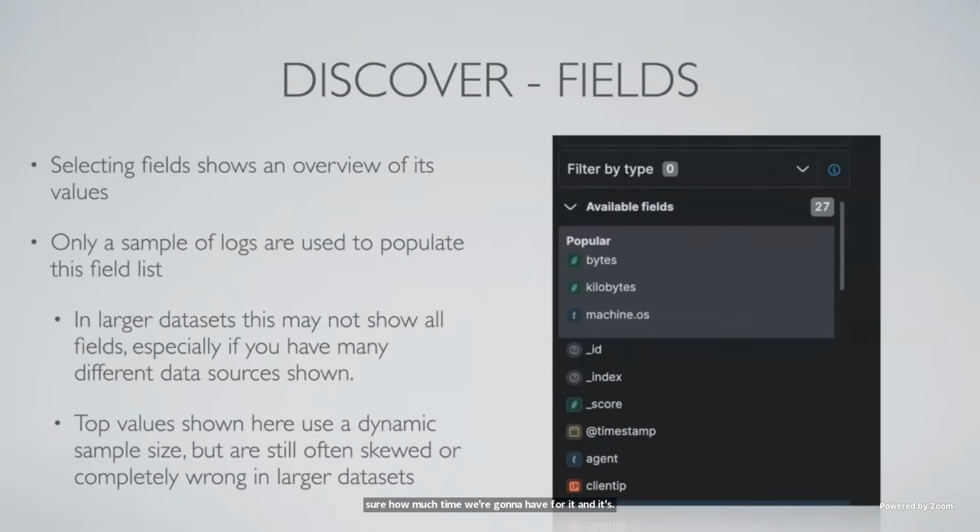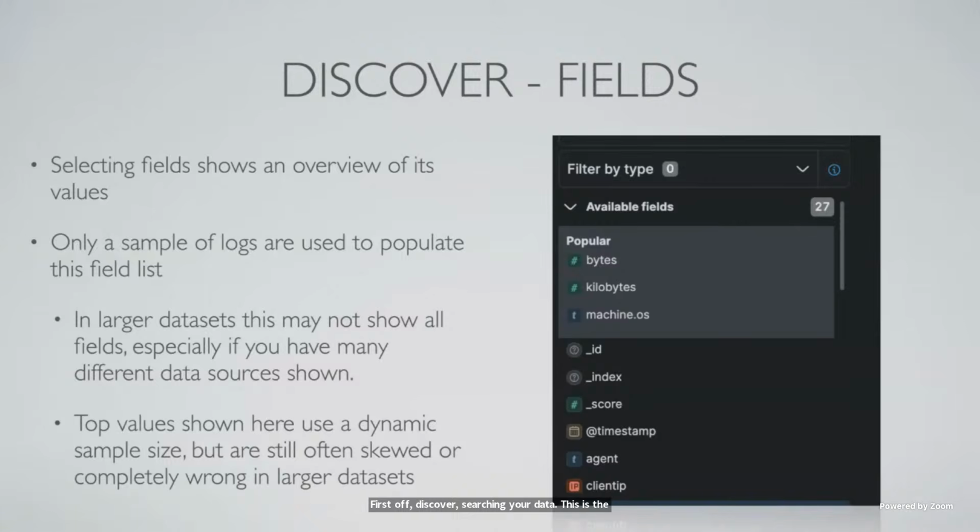So starting off with this fields menu, there's one really important tidbit that everyone should know and a lot of people forget. This shows an overview of the field's values if you click on one of these fields, and we'll show this in the demo, but it uses a sample of the logs that you're showing in Discover, right? So you might have a search that returns millions of results, and it's only going to use 10 or 20,000 of those to calculate these top values.